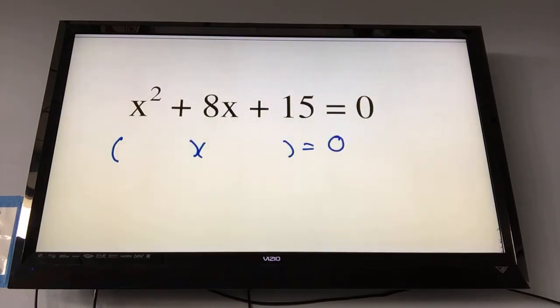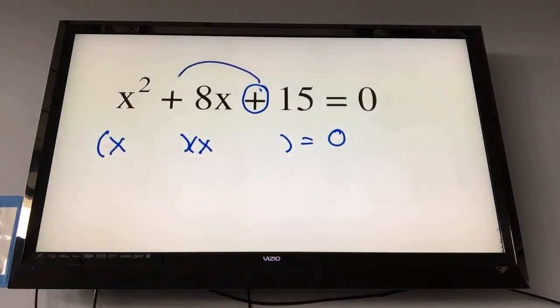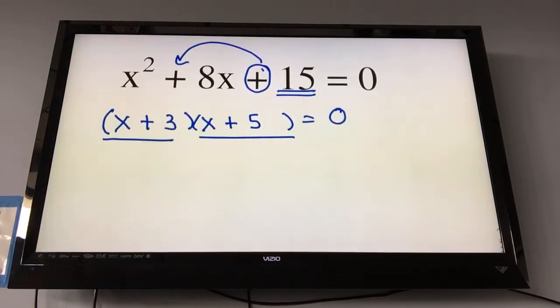Okay, so we're going to factor x times x. What are my signs going to be? Positives. Positive, positives. And then what two numbers give me 15, which will give me 8 in the middle? 3 and 5. And again, two things that multiply to give me 0.